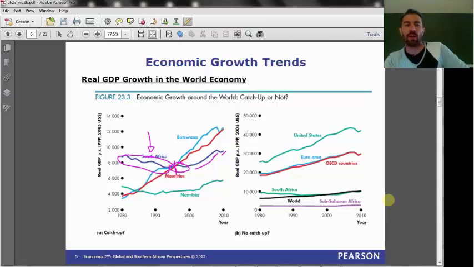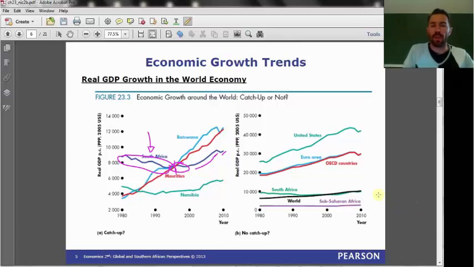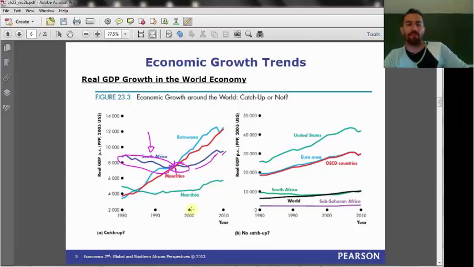So we really are not that exciting when it comes to the rest of the world. Even compared to our neighbors like Botswana, you can see the growth they've had since the 80s, as well as another African economy that has grown significantly, Mauritius. Namibia is obviously closely tied to the South African economy, so their growth has looked a lot like ours has.